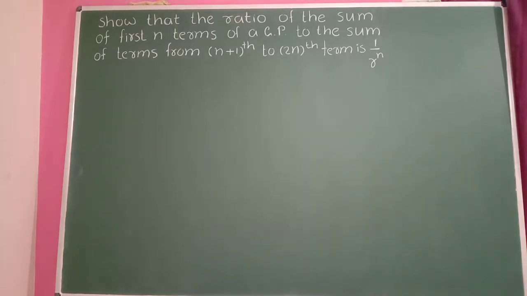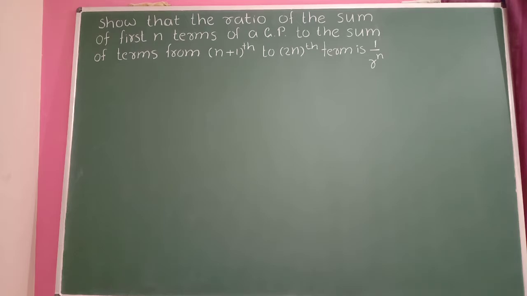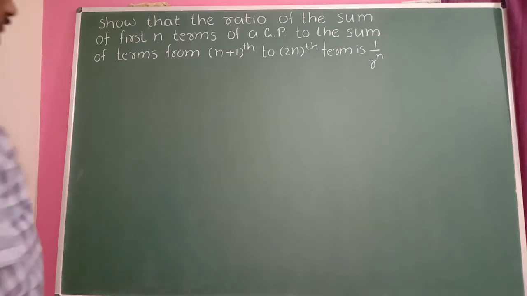So that the ratio of the sum of first n terms of a GP to the sum of terms from n plus 1 to 2n th term is 1 upon r to the n.